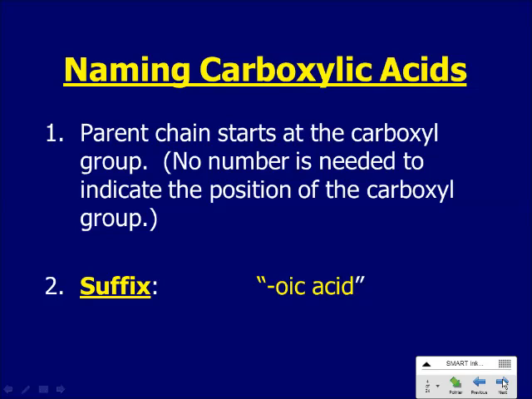All right. So naming carboxylic acids, I've just given you the sheet on it. It's very much like aldehydes because the parent chain has got to end or start with that C double bond O, OH. No number is needed. We don't need to tell it where it is. The ending of the name, the suffix, instead of al for the aldehyde, is oic acid, right?